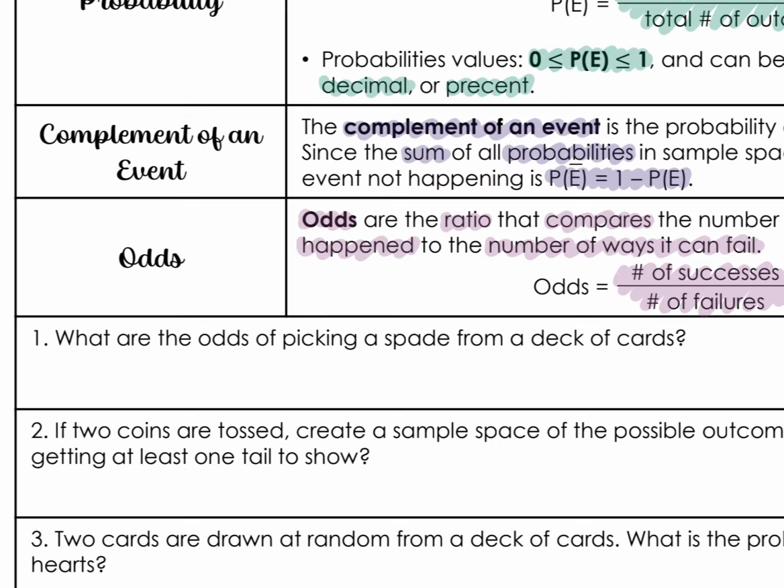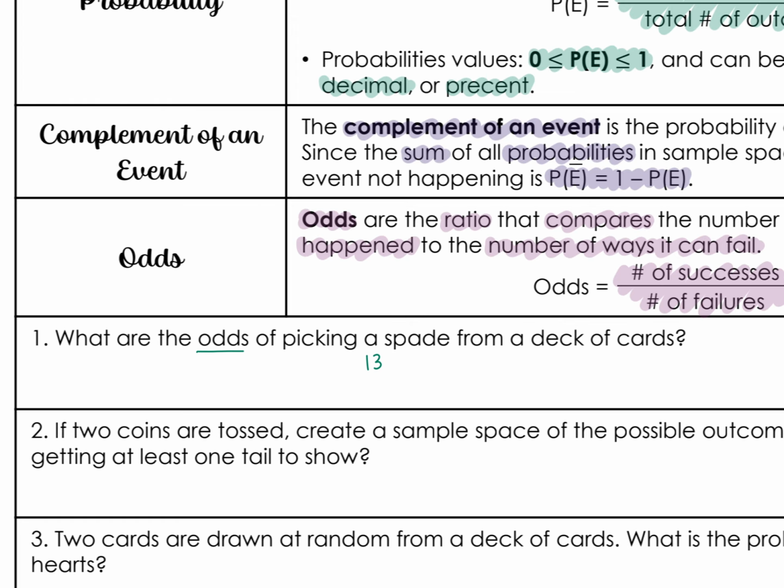So for this one here, what are the odds of picking a spade? Well, since we are talking about odds, we want our favorable, so our spades, which is going to be 13. You have 13 spades in a deck of cards.